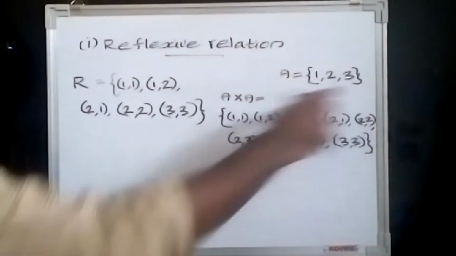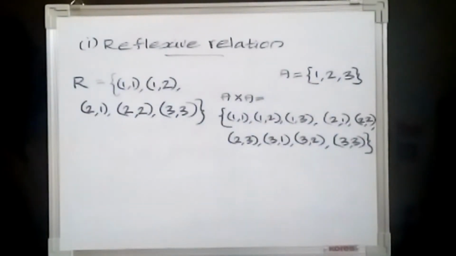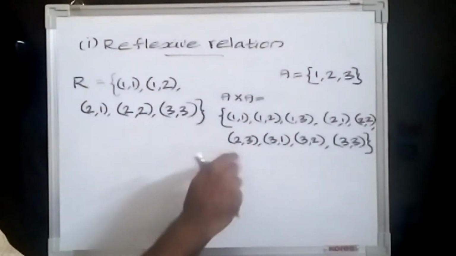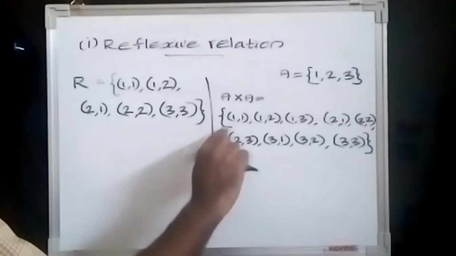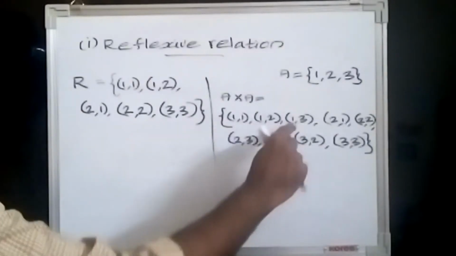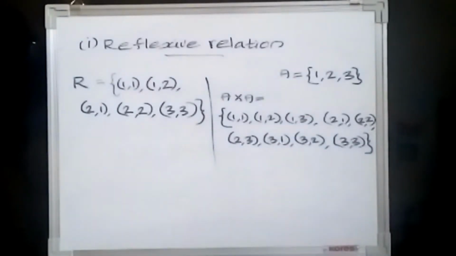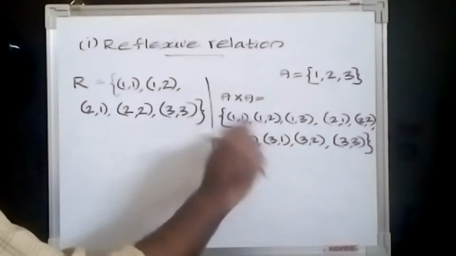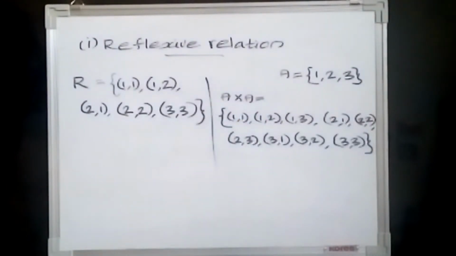Consider the set A equal to {1, 2, 3}. We discussed earlier A equal to {1, 2, 3}. We have A cross A equal to {(1,1), (1,2), (1,3), (2,1), (2,2), (2,3), (3,1), (3,2), (3,3)}. A cross A contains 9 elements, and we know that every subset of A cross A is a relation from A to itself.